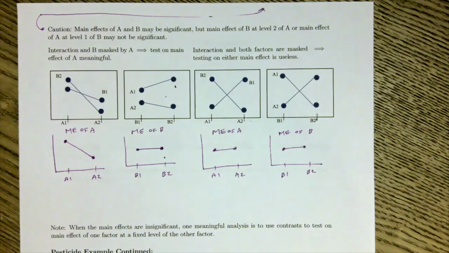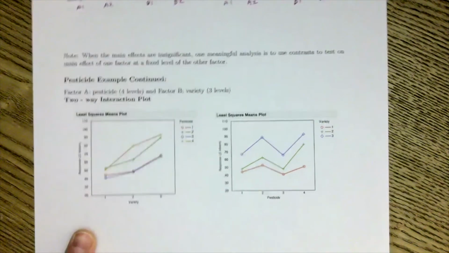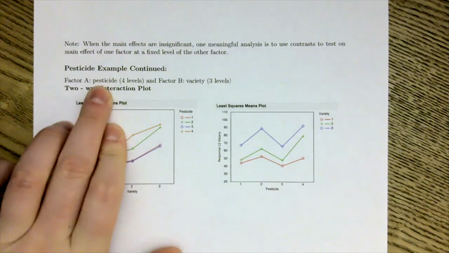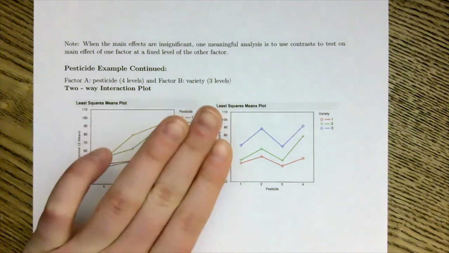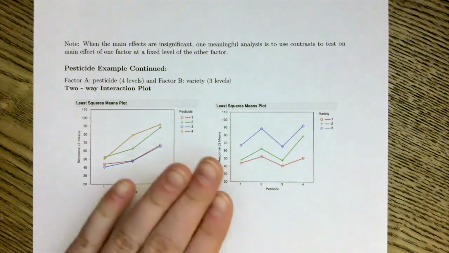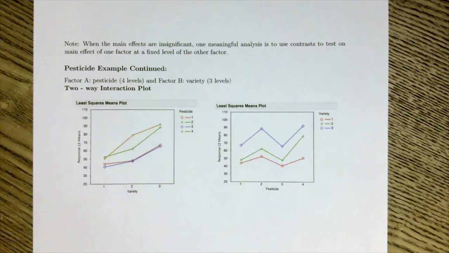All right. With that, let's now move to our pesticide example, which we talked about in lesson 7A. So in this example, we had two factors. We had our pesticide that had 4 levels, and we had a variety that had 3. Our first step was to do the ANOVA, and we'll go through this entire example in our next lesson, but I just want to talk about the interaction plots and how we would go about that.